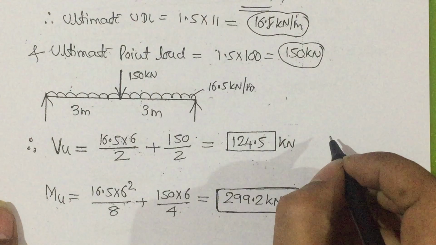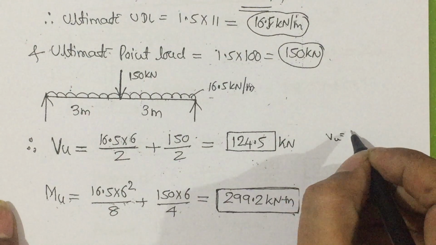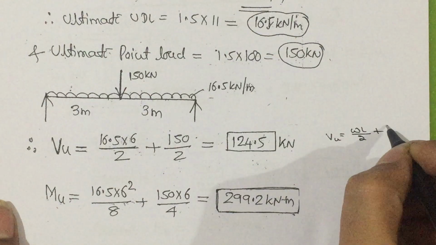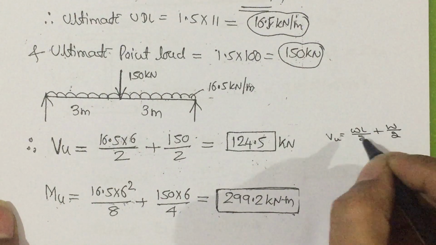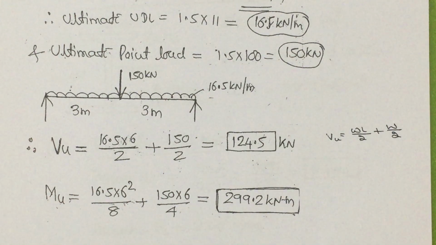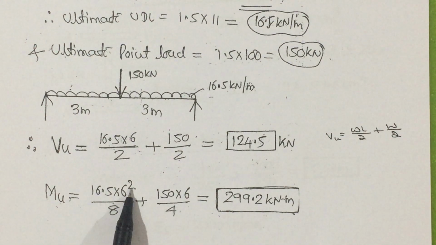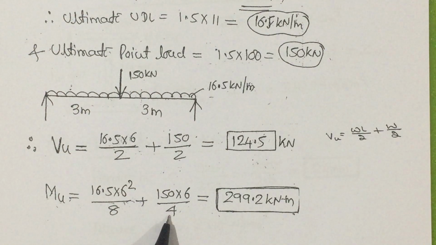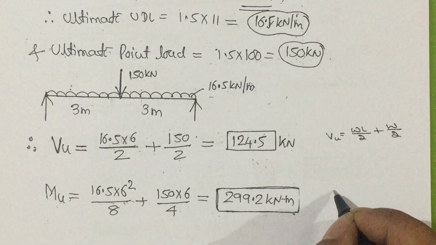I will write the formula here. VU is equal to WL by 2 plus W by 2. This is for UDL, this is for point load. Then MU is given by WL square divided by 8 plus W into L divided by 4.